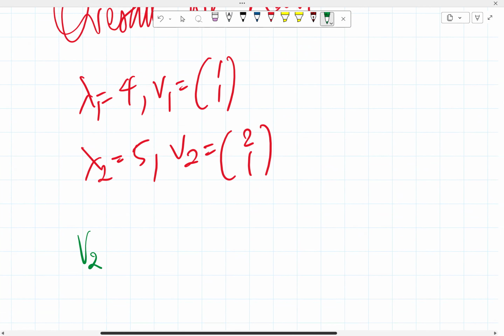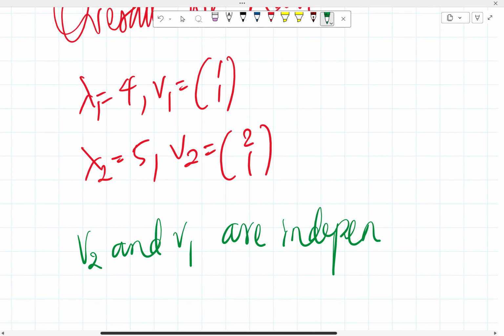V2 and V1 are independent in the sense that if V2 was also 1, 1, then we would only have 1, 1. But V1 and V2 are independent.